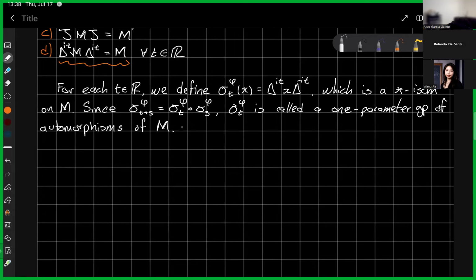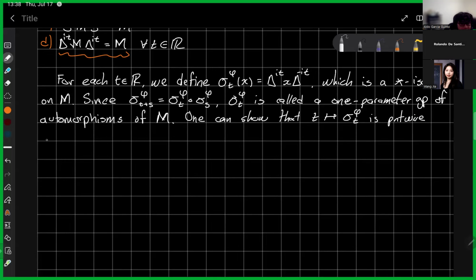So one can show that t goes to P of t is pointwise strongly continuous.